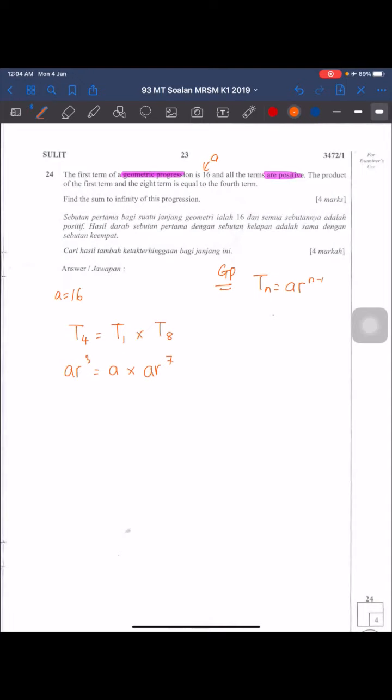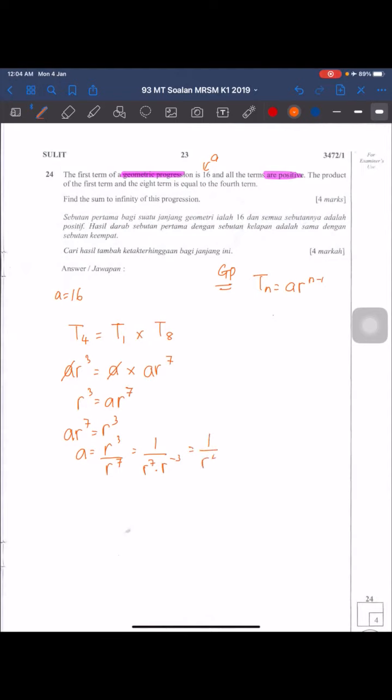Okay, so A potong A. So R cube is equals to AR7. Saya tukar, so AR7 equals to R cube. A is equals to R cube over R7. Kalau bahagi tolak kan, 1 over R7 times R negative 3.